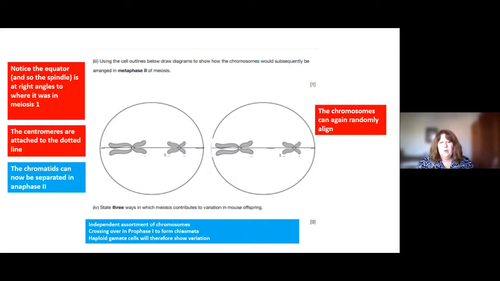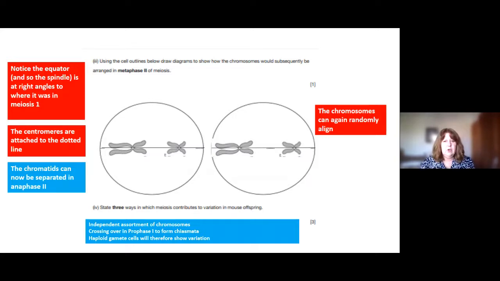And then the last part of the question is three ways in which meiosis contributes to variation. I didn't give you much time to pause there, sorry, but with all the things we've said before, independent assortment, crossing over in prophase 1, it's really important that you mention these things.